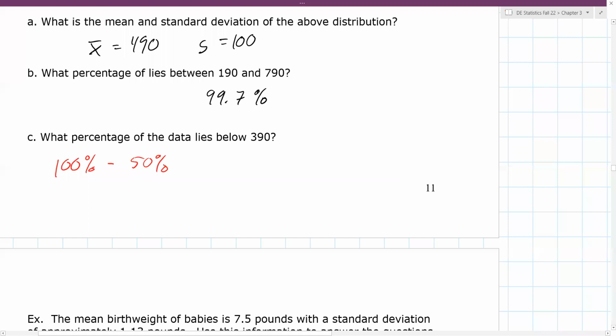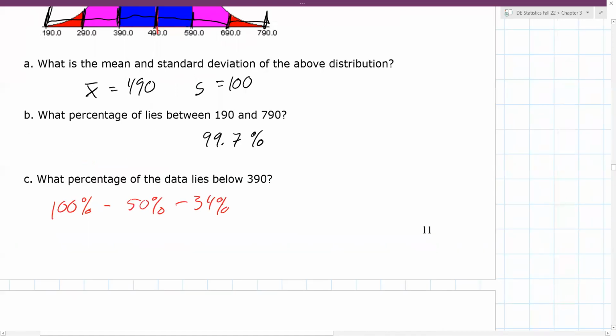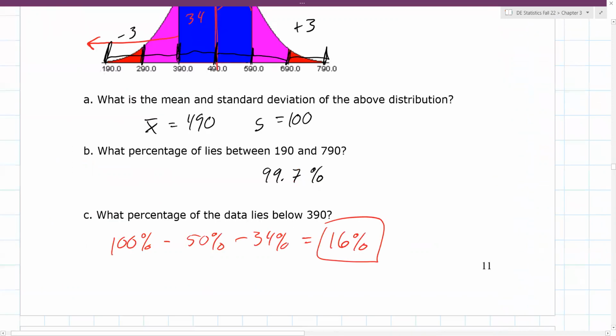And I also didn't have that blue chunk on the left half, which was 34%. So I subtract the 50, I subtract the 34, and that gives me what's left over, which is 16%. So 16% of my data lies to the left or below 390.